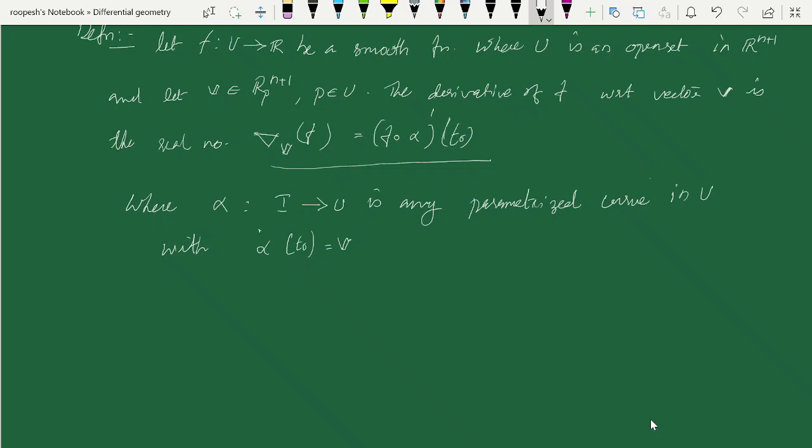Now this alpha is a parameterized curve in U with alpha dot of t naught equal to v. So even though we are using alpha for defining this derivative with respect to a vector, we can show that this derivative is independent of the choice of alpha.